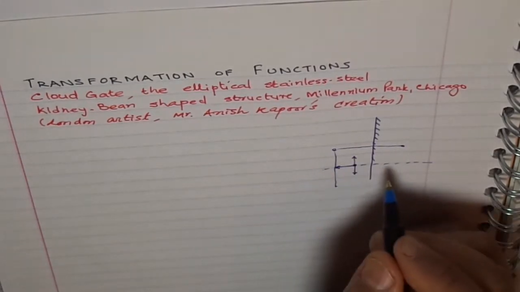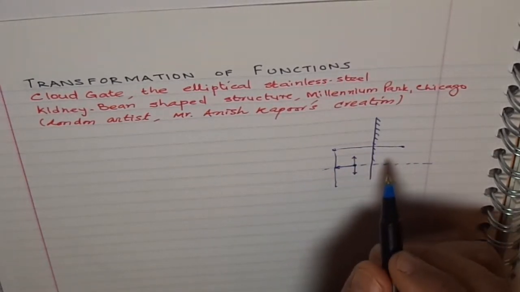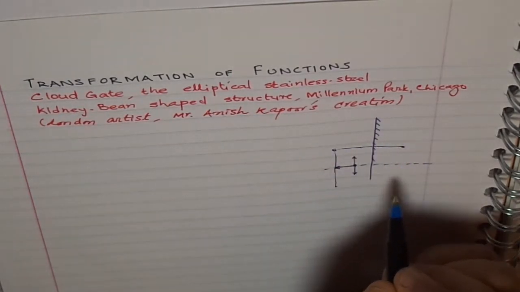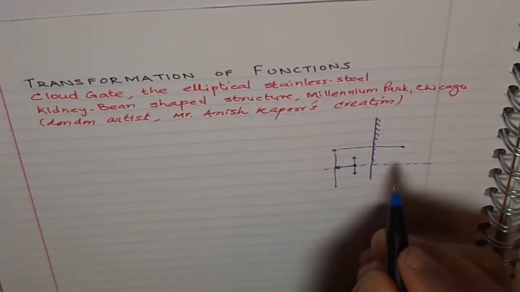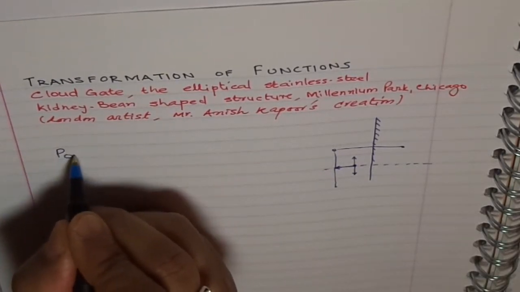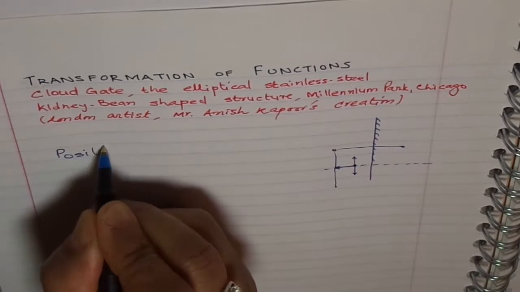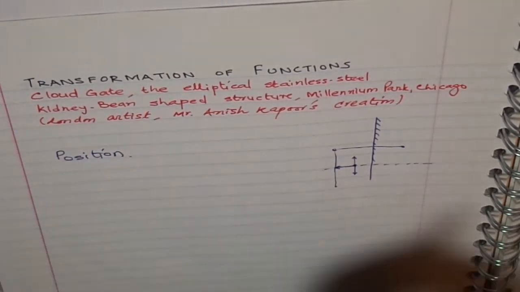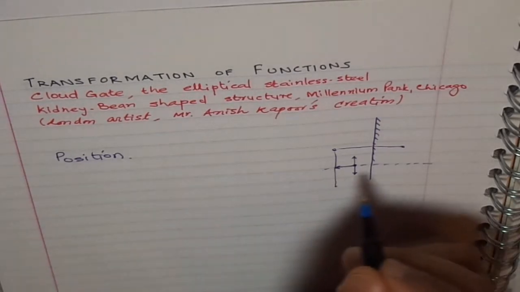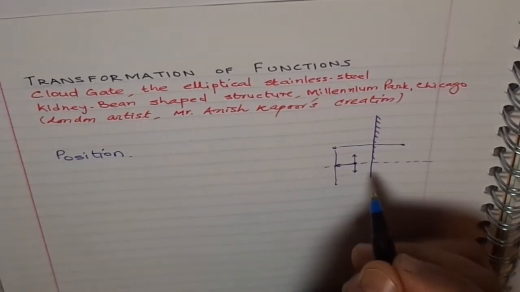So we saw a few transformations, and in all these transformations, shape remains constant. What changes? Position. So one kind of transformation which we just discussed is change in position, where shape remained constant. In position we saw a couple of changes.